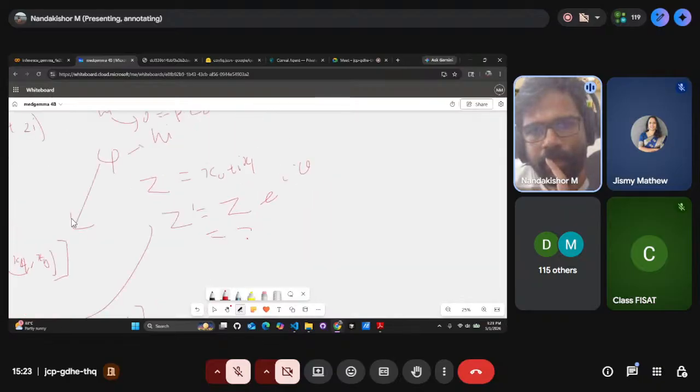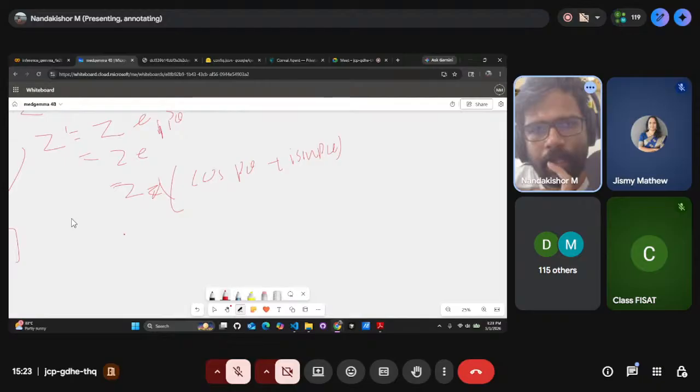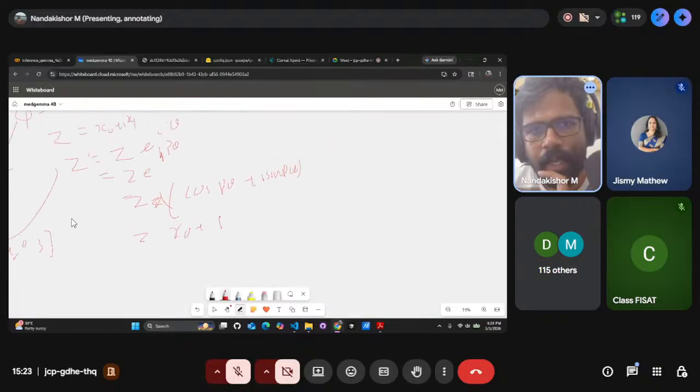So this equation becomes z e raised to i p theta, which is z multiplied by cos p theta plus i sin p theta. Z is x0 plus i x1. Then you multiply it with cos p theta plus i sin p theta.